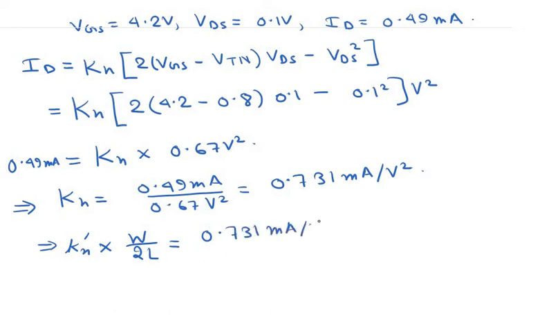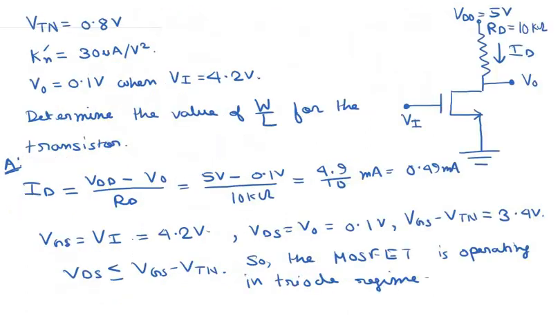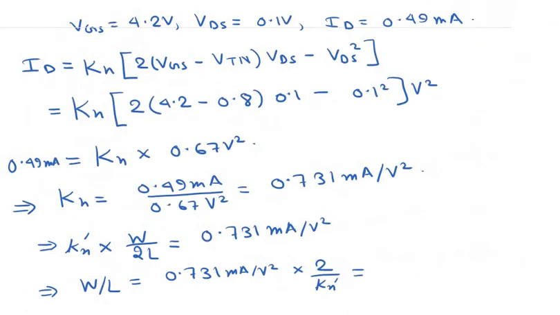So W by L is basically equal to 0.731 milliampere per volt square multiplied by 2 divided by small kn dash. Okay, now small kn dash is equal to, let us check this out, 30 microampere per volt square.